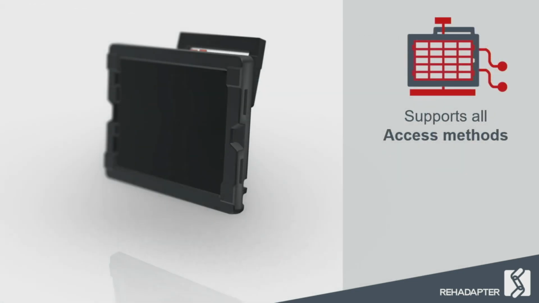When it comes to support, we had in mind that we wanted to have the opportunity to support most of the most important access methods that are currently available in the market.